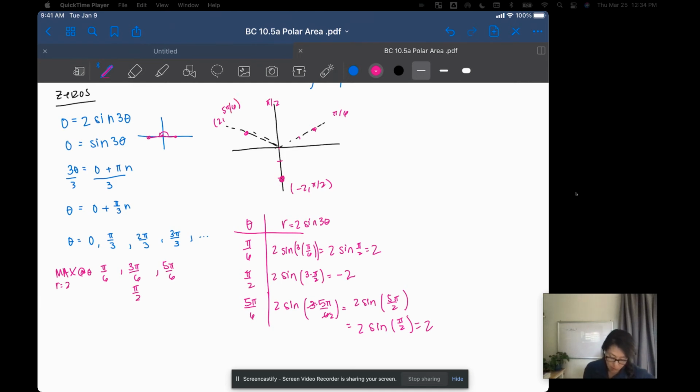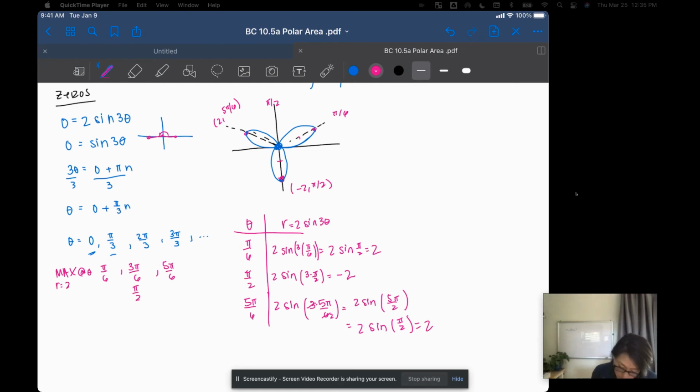All right, so now what happens is the graph starts at 0, 0 at the pole, because that's where my 0 is, and then I move out to 2 comma pi over 6, back to the pole, and then down to negative 2 comma pi over 2, back to the pole, then out to the max radius at 5 pi over 6, and then back to the pole. And what I need to get is the area of one of these petals.